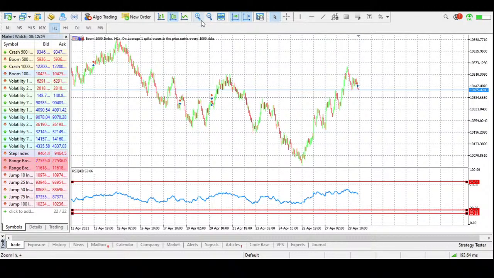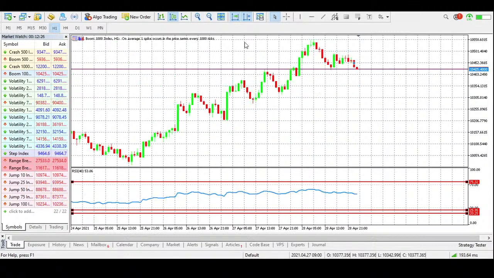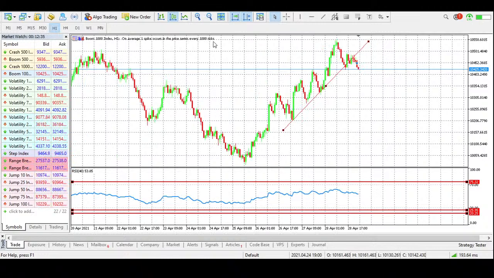Okay, so as we analyzed on Boom 1000, you see the market trending downward. Do you remember we talked about this support being broken, and then you see the market trending downward? Very, very simple. There are very few cases where the market actually gives you a false signal.